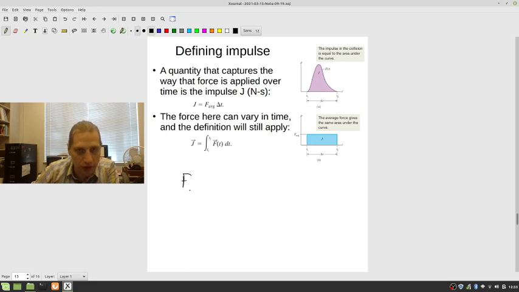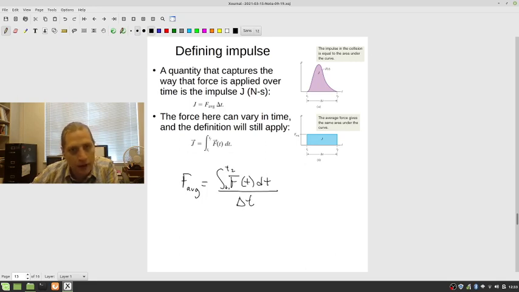I can always write F average over some time as the integral of F of t dt from t1 to t2, divided by the total time. All I've done here is put in my F average, and it's not really more informative. It's just shuffling around your definitions. But we're usually just going to be thinking about this in terms of average forces.